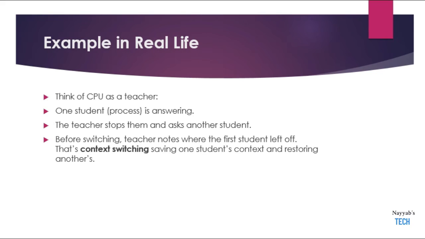That is context switching: saving one student's context and restoring another one's. So this is a practical, real example of context switching, where the teacher retains or saves the first student's data before moving to the next.